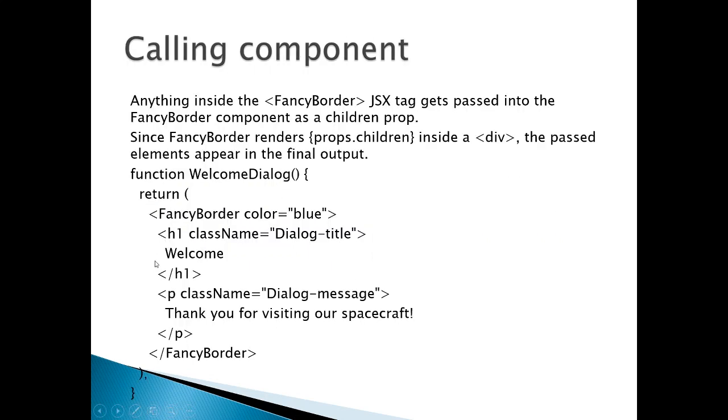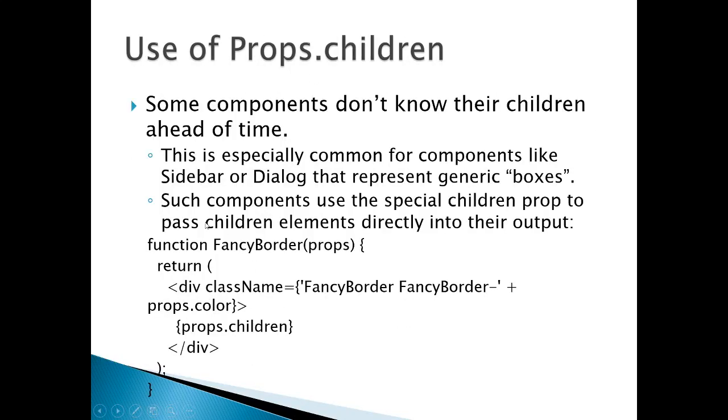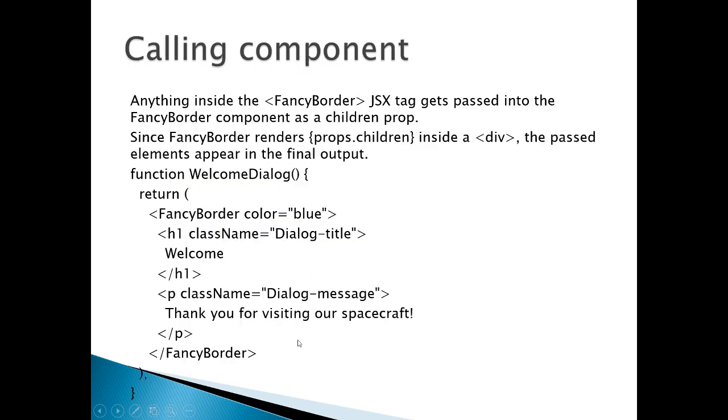The calling function here, the WelcomeDialog, is basically calling the FancyBorder with the color blue. So it is passing the color, and in between these starting and closing tags, it has also passed a number of pieces of information. This information will automatically be sent to our FancyBorder function, and props.children will display this information as it is.